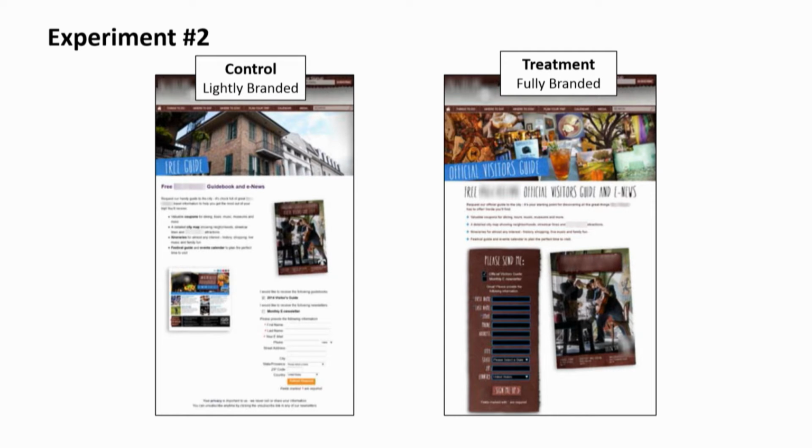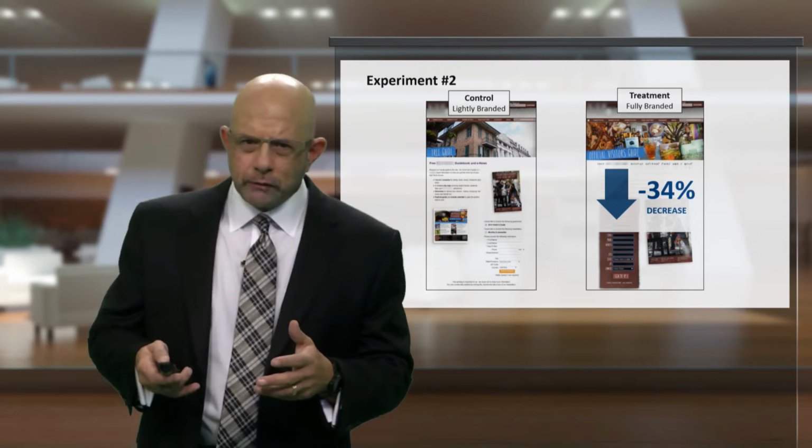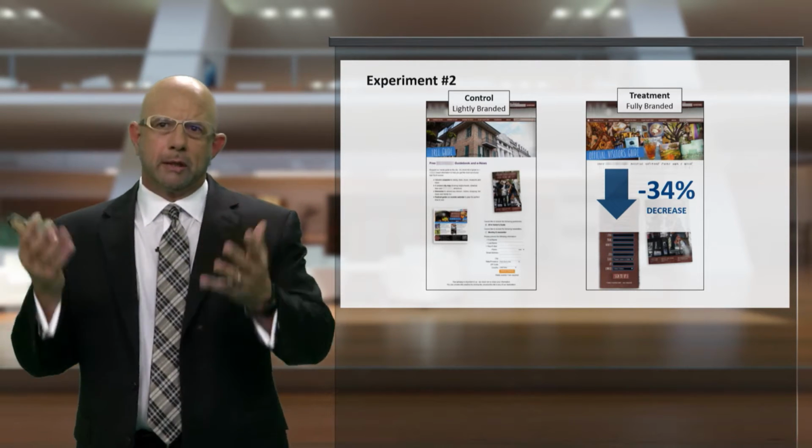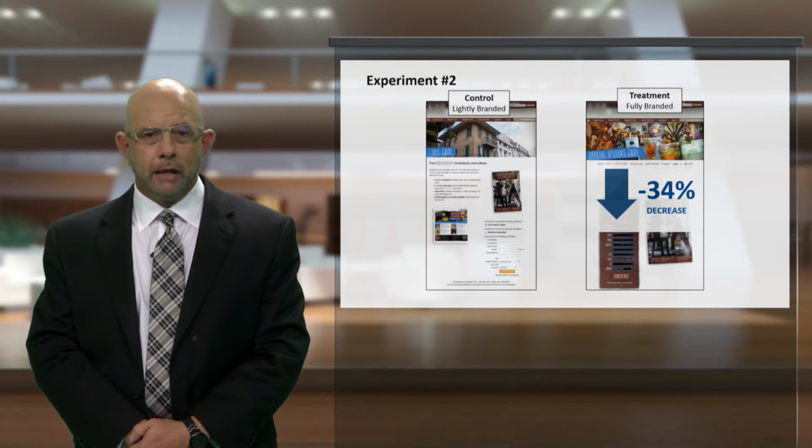One clearly indicates the brand and what you should be connecting with regarding that brand. And what do we see in terms of conversion impact? A negative 34%, i.e. there's a decrease. So on the first version, brand enabled a gain, and on the second, it hindered a gain.